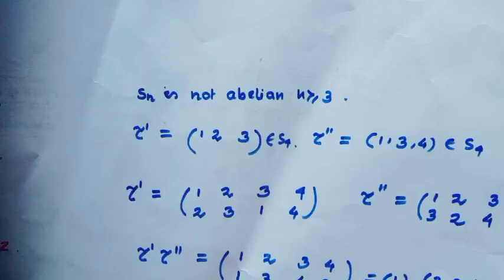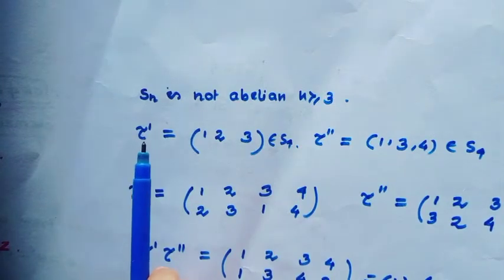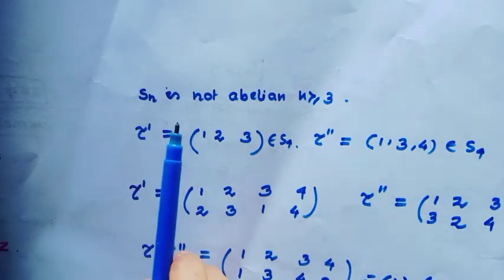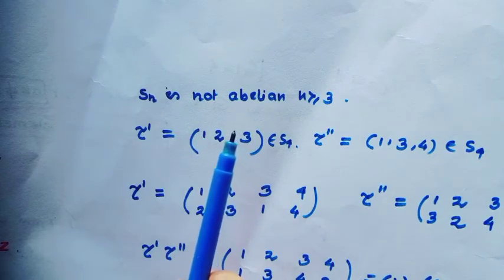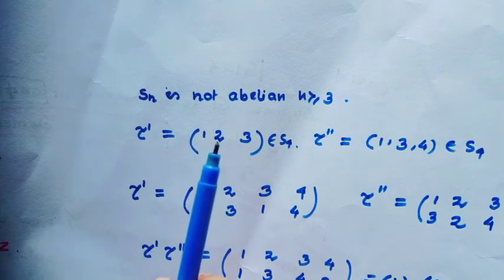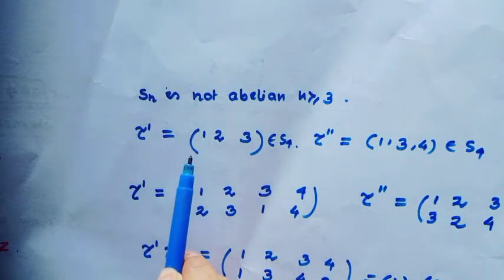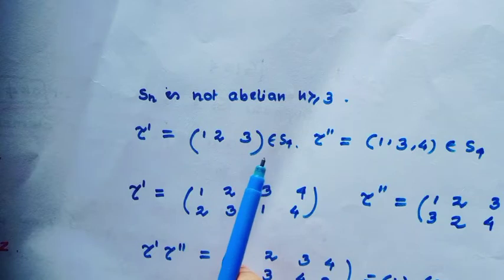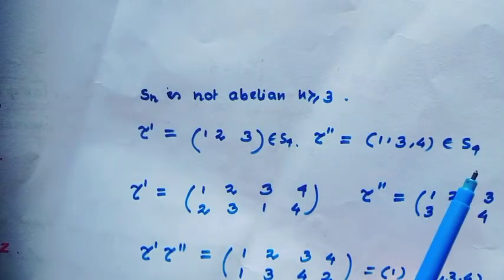Actually, we all of us know Sn is not abelian for all n greater than or equal to 3. Only S1 and S2 are abelian. Let's consider this is tau dash, which is a member of S4, and this is tau double dash, which is also a member of S4.